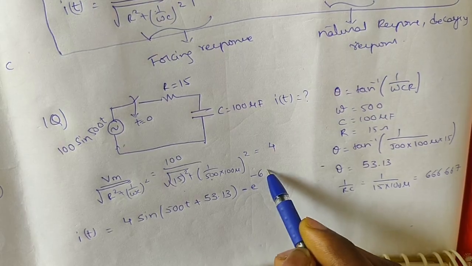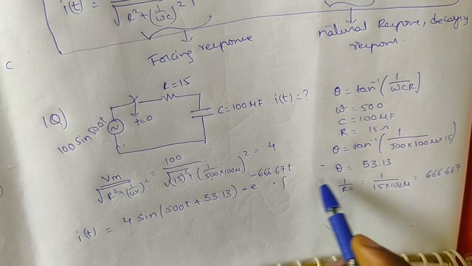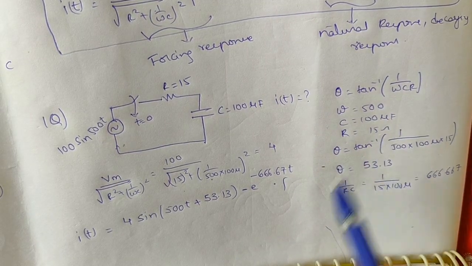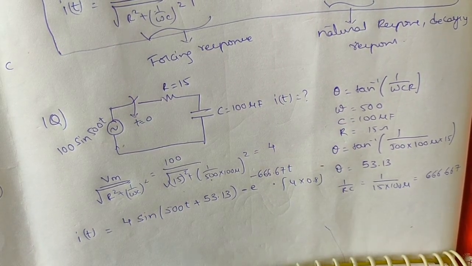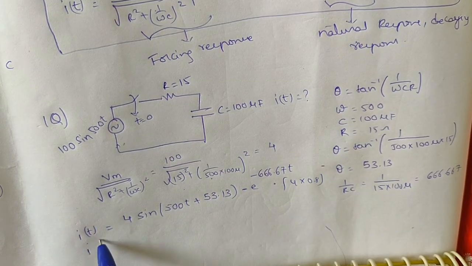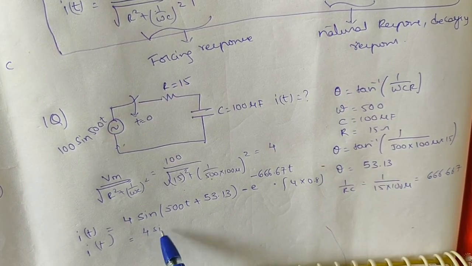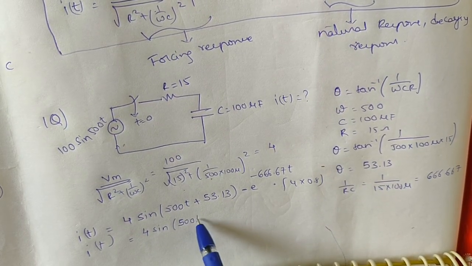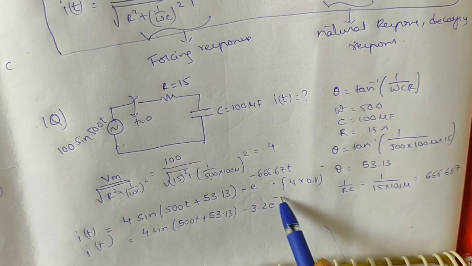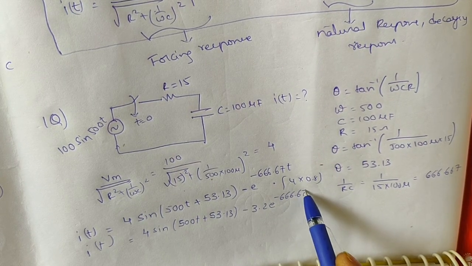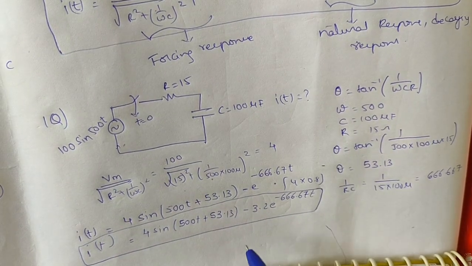Then e power minus 666.67 t into the constant value, which is 4 into 0.8. The overall current equation will be 4 sin(500 t plus 53.13) minus 3.2 e power minus 666.67 t. This is the current equation.